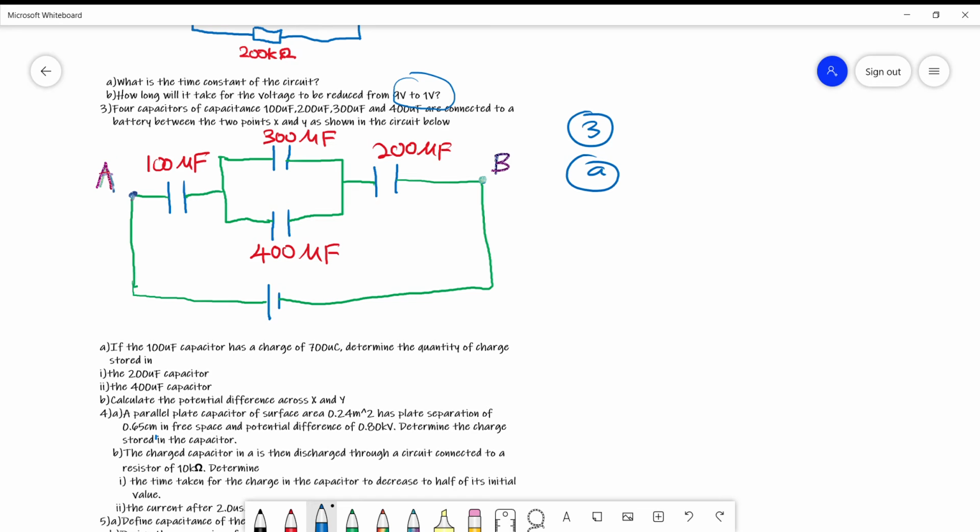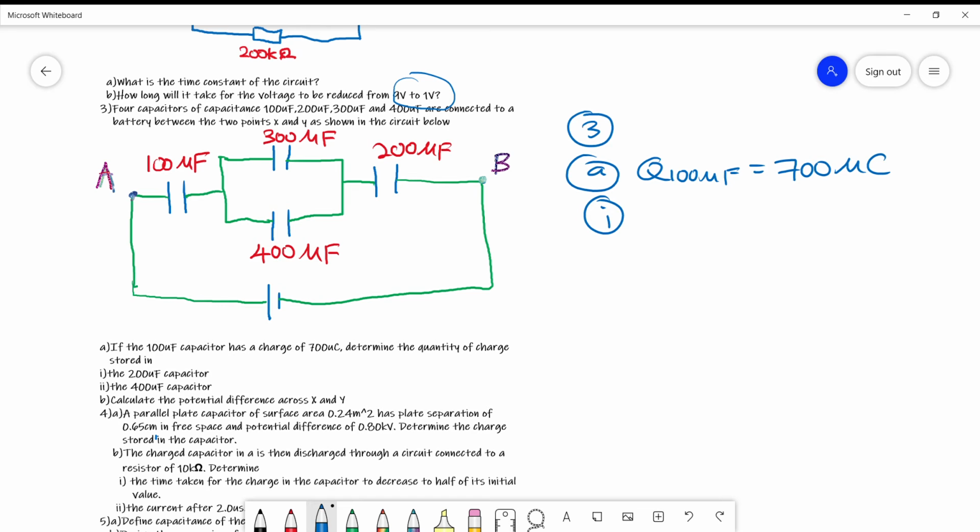Question A. If the 100 microfarad capacitor has the charge of 700 microcoulomb, determine the quantity of charge stored in the 200 microfarad capacitor.